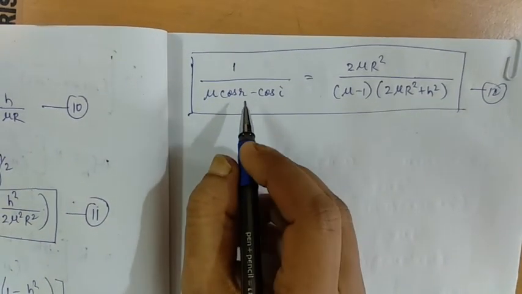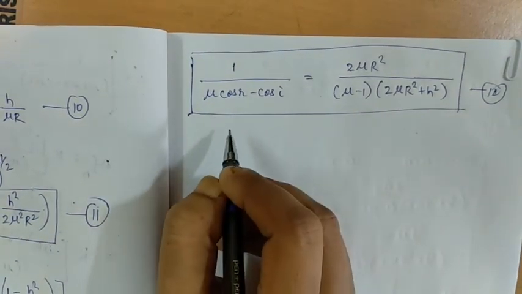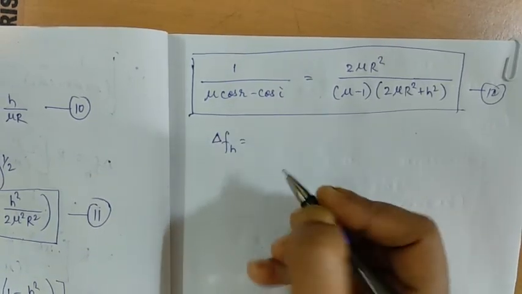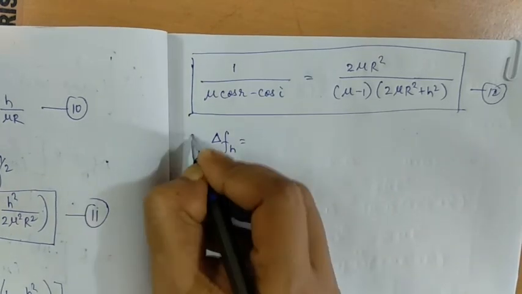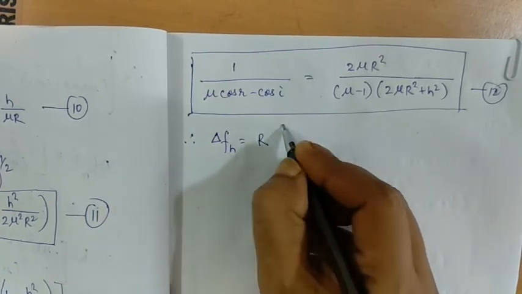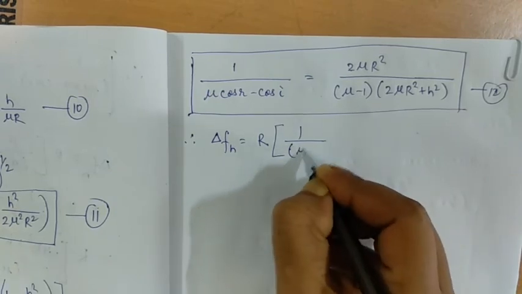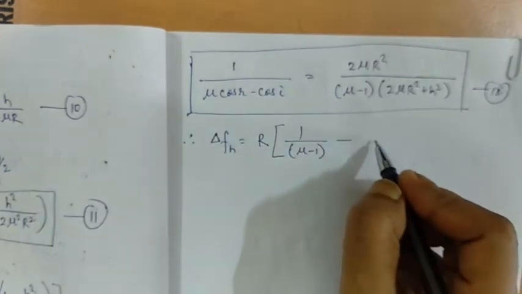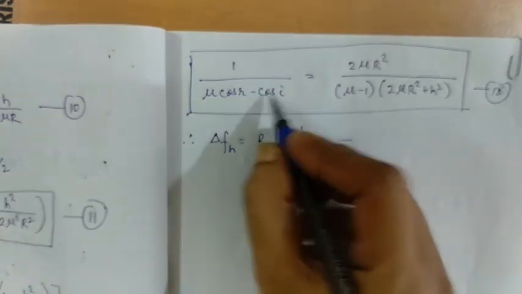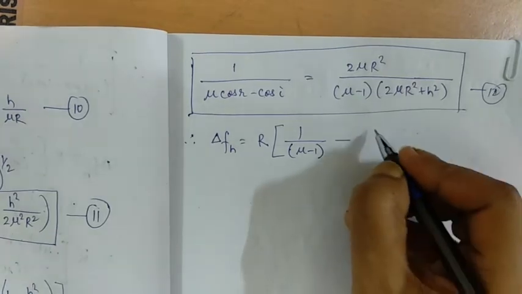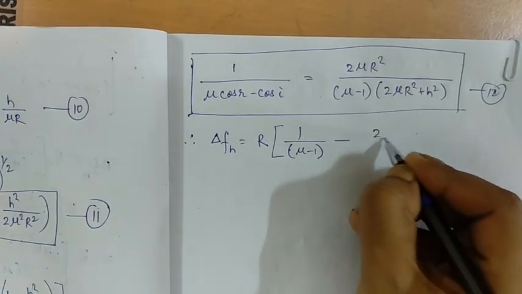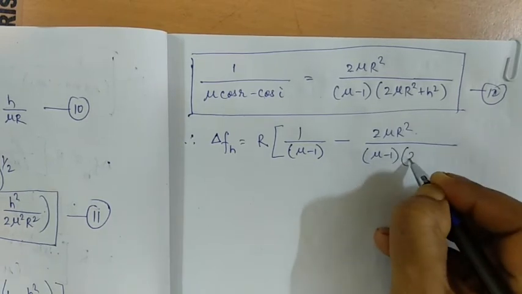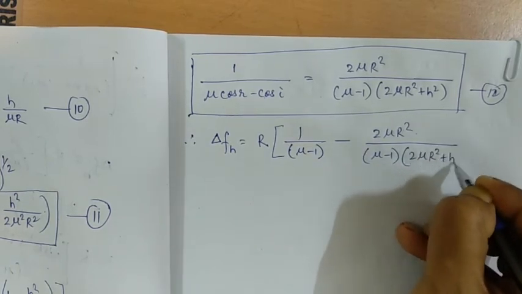Now substituting equation 12 in equation 7, we get del f_h is equal to r into [1 by (mu minus 1) minus, you had this term here, so in place of this term we are going to replace this, that is 2 mu r square by (mu minus 1) into (2 mu r square plus h square)].